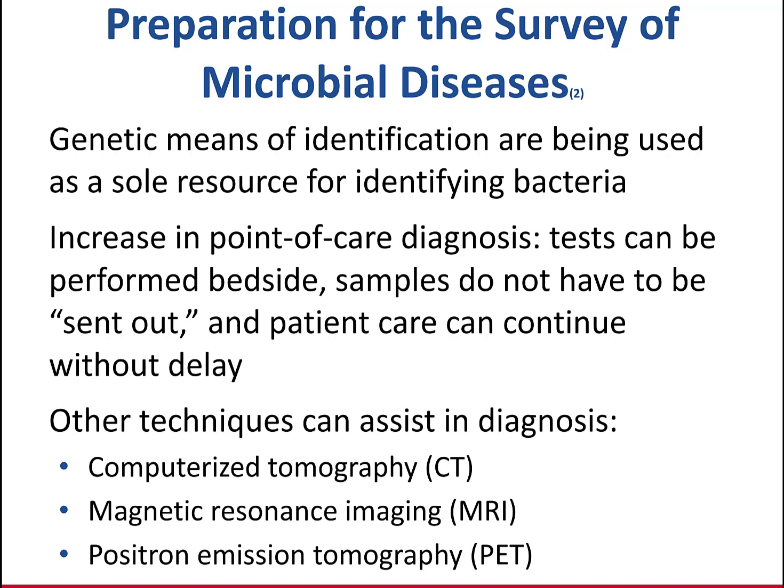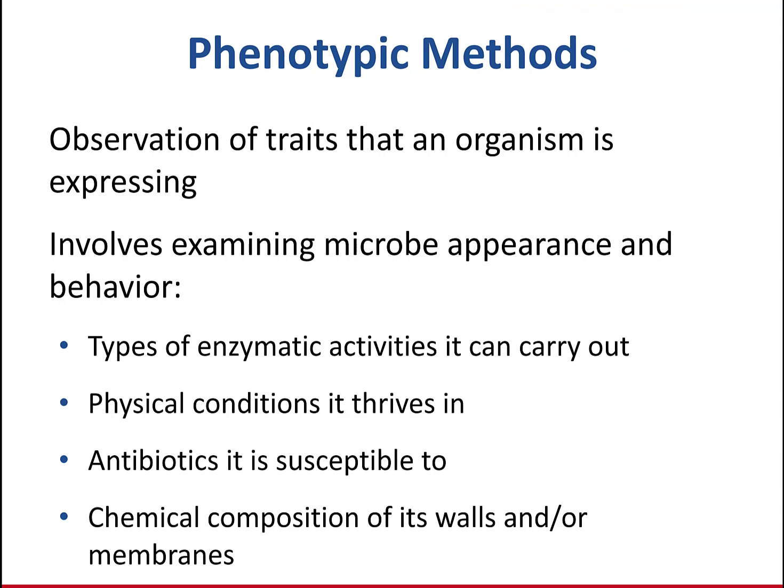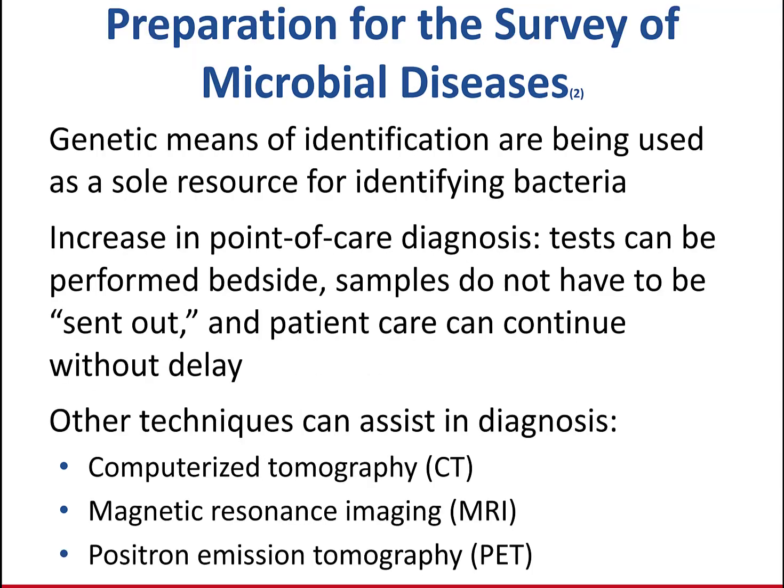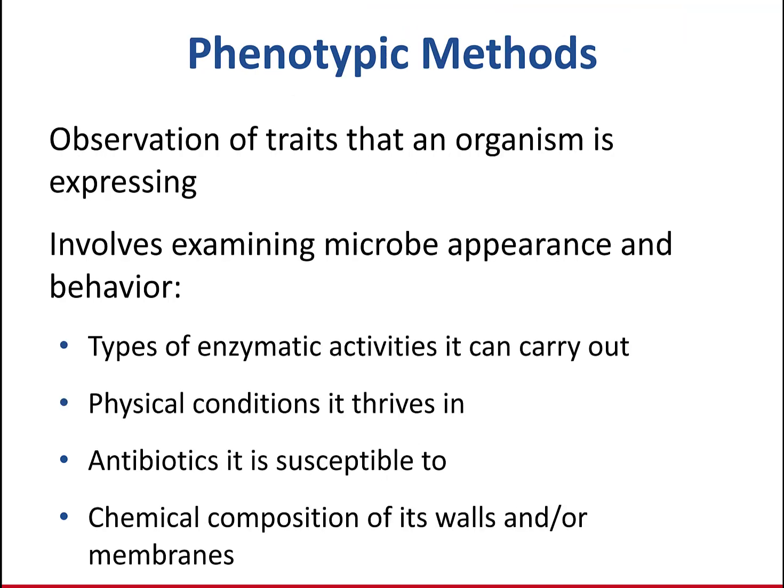Other techniques that can assist in diagnosis, in addition to all the others that we talked about, are computerized tomography, MRIs, and positron emission tomography, or PET. These are things that we can use to look at the swellings or various changes that we might predict with our initial sort of presumptive value that we might see.